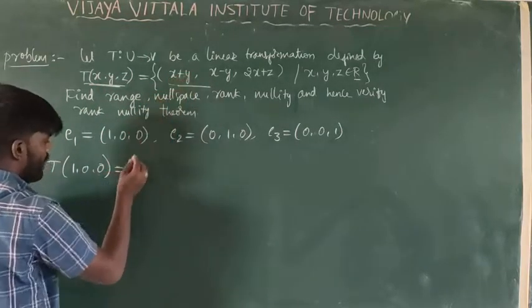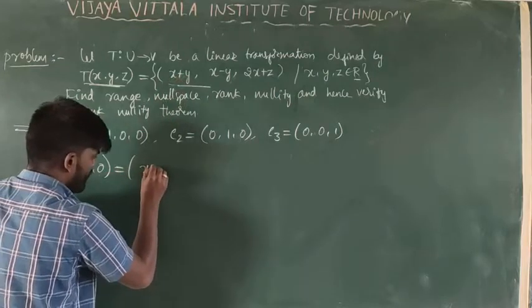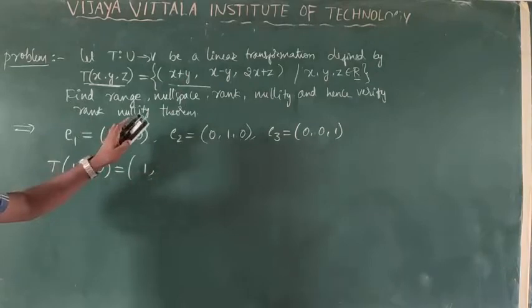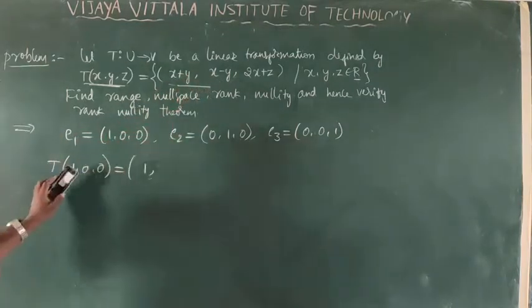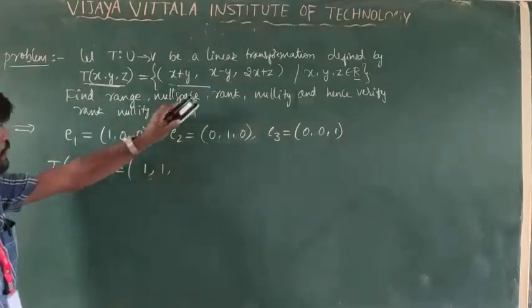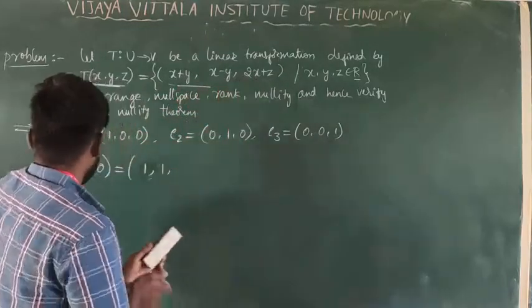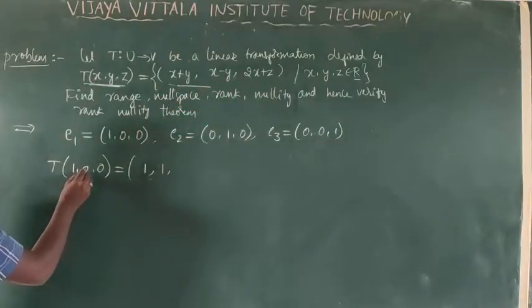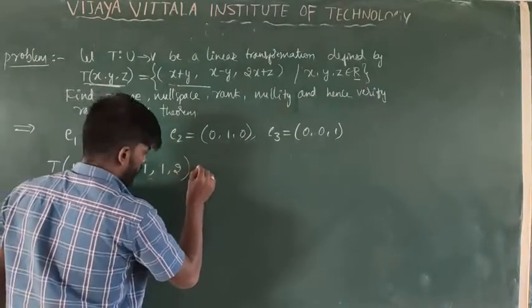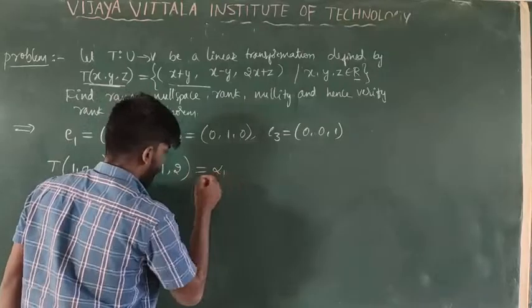Therefore x plus y means 1 plus 0, which is 1, comma x minus y means 1 minus 0, gives 1, comma 2x plus z, 2 into 1 plus 0, which is 2. We call this alpha 1.